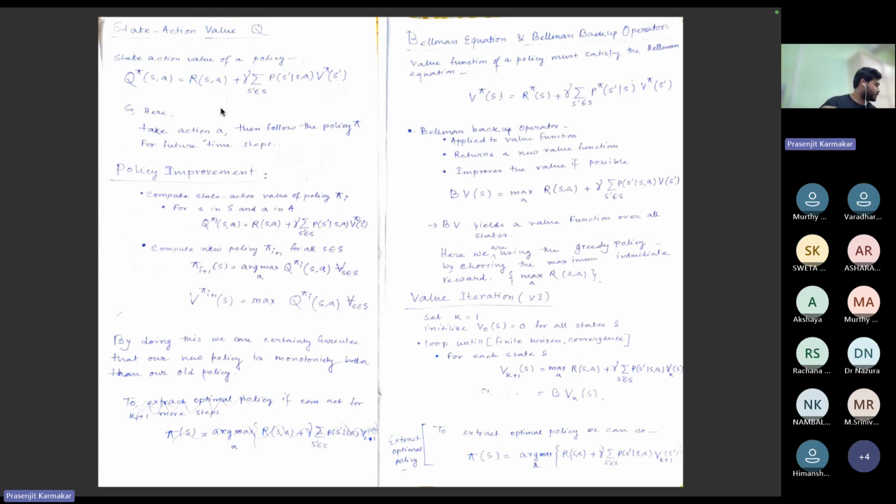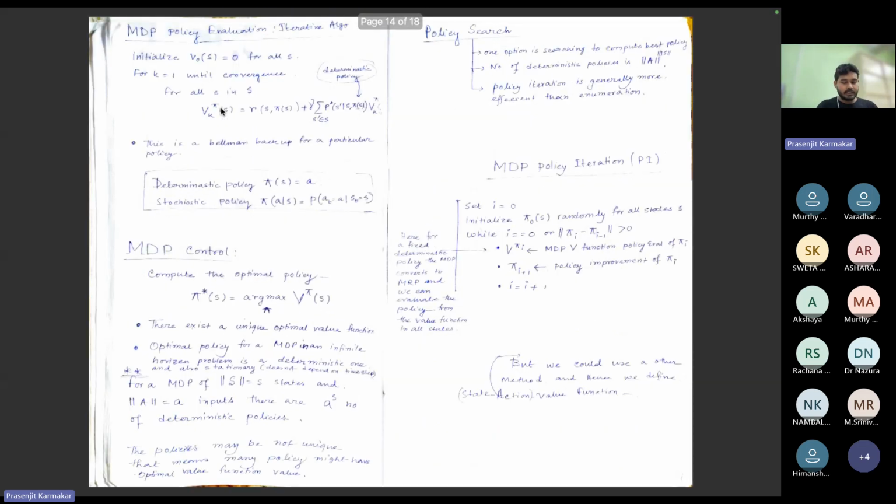So why did we skip policy iteration? Policy iteration means that instead of improving the value function, you try improving the policy, the next policy.